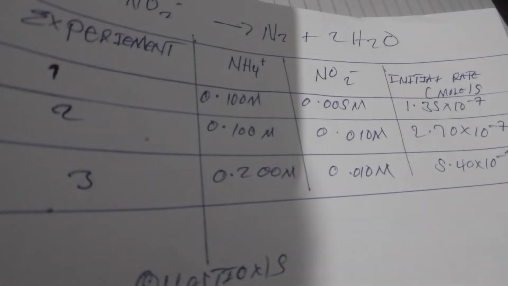One thing I'm supposed to know here is that we have the differential rate law and also the integrated rate law. So what's going to happen here to determine those things?